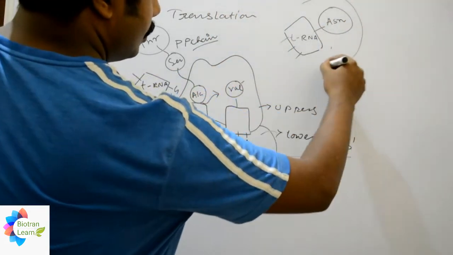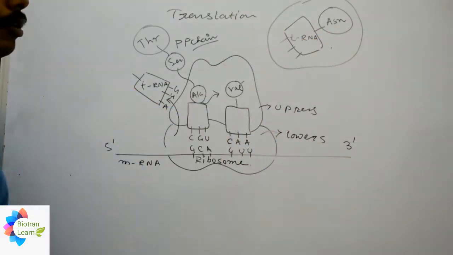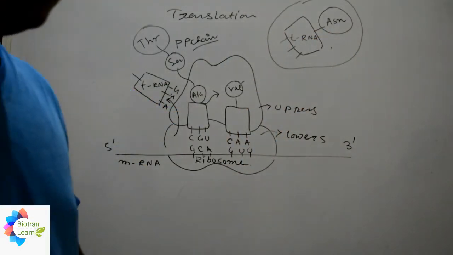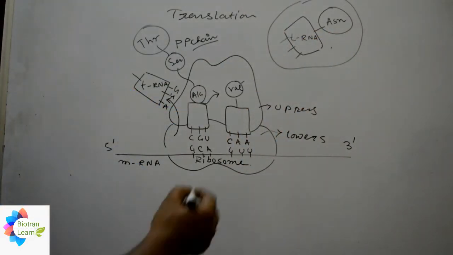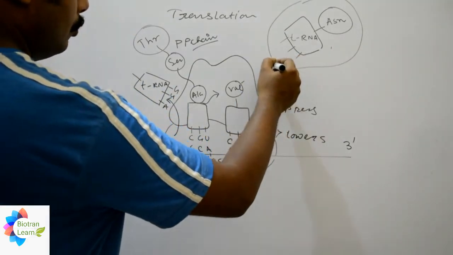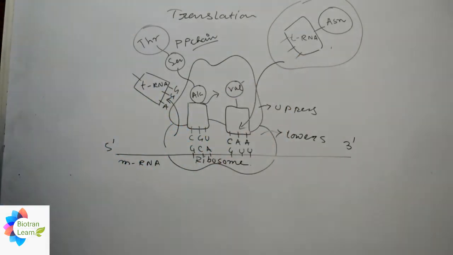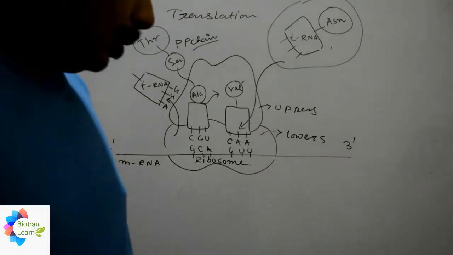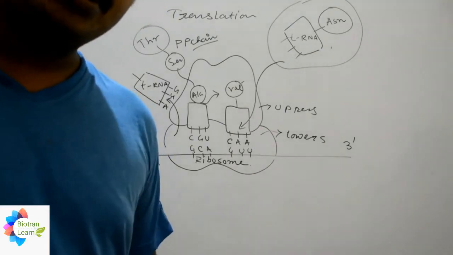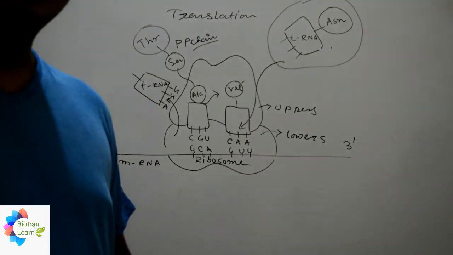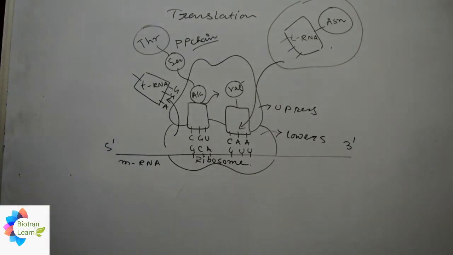We have studied earlier how the tRNA charging takes place, and this charged tRNA will come to this position after the initiation codon AUG is recognized by the formylmethionine, right?